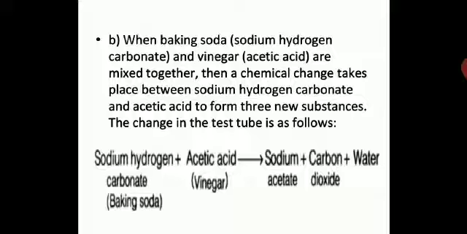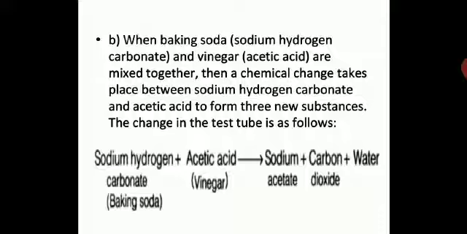It is added in food to add flavor. When you react them, you can do this reaction at home. You get brisk effervescence, lots of carbon dioxide gas is released, plus there's a formation of sodium acetate, that is a salt, and water remains in the solution.